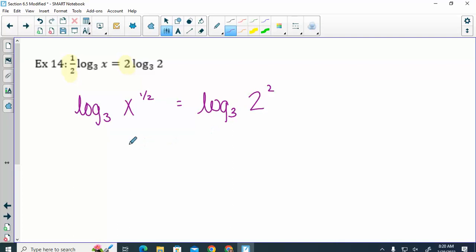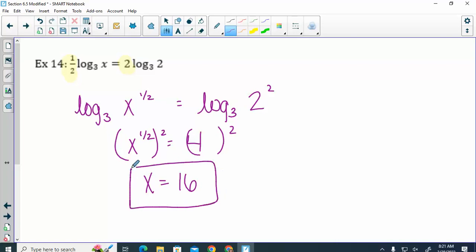Then we can drop the log base 3, so x to the 1/2 equals 2 squared is 4. And 1/2 is like a square root, so to get rid of it, you square. And we get 16, which is positive, so it works. Couple more.